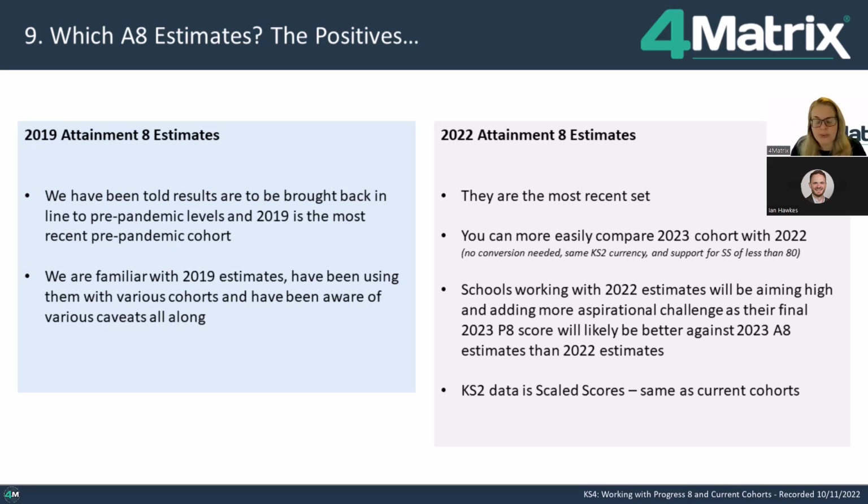So by using 2022, you can add an element of aspiration. And with the 2022 Attainment 8 estimates, the Key Stage 2 data is in scale scores format, which is what our current cohorts have as their Key Stage 2 currency, so no conversion is needed.